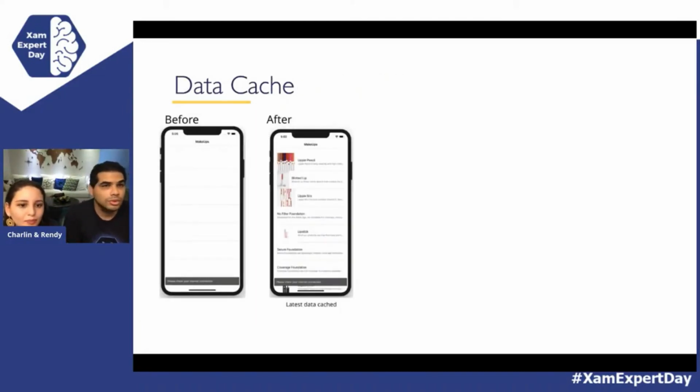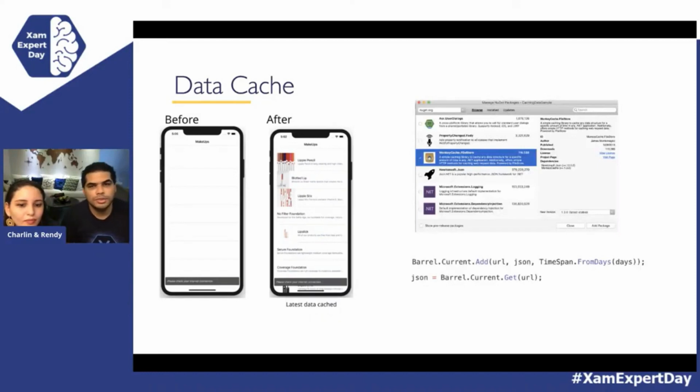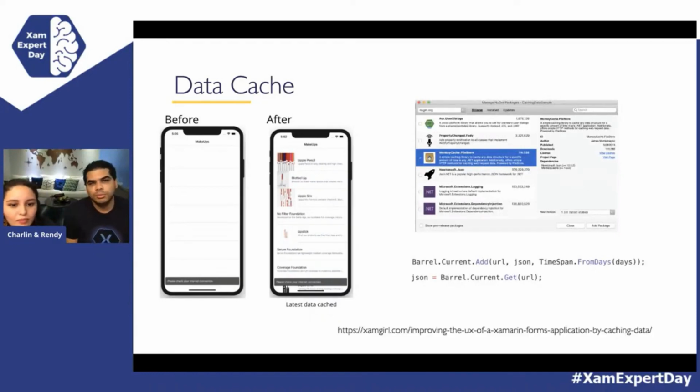Also, consider doing data caching. Data caching is pretty important because it can improve the performance of our applications and can also make them look faster, because when we do data caching, we show a copy of the last thing that the user saw. So let's say you are on an airplane and you put your phone in airplane mode. I don't want to see a blank screen.